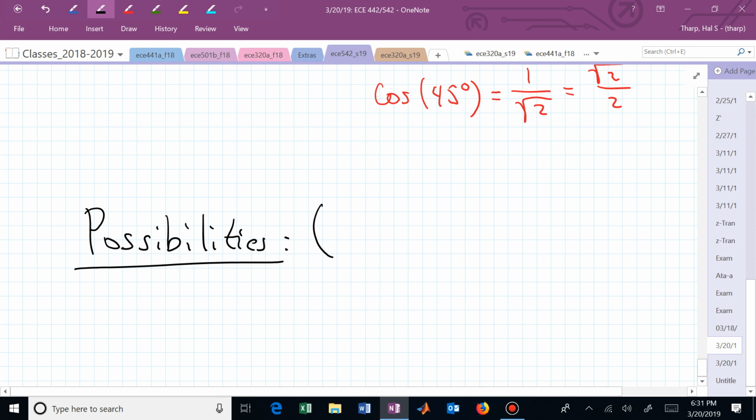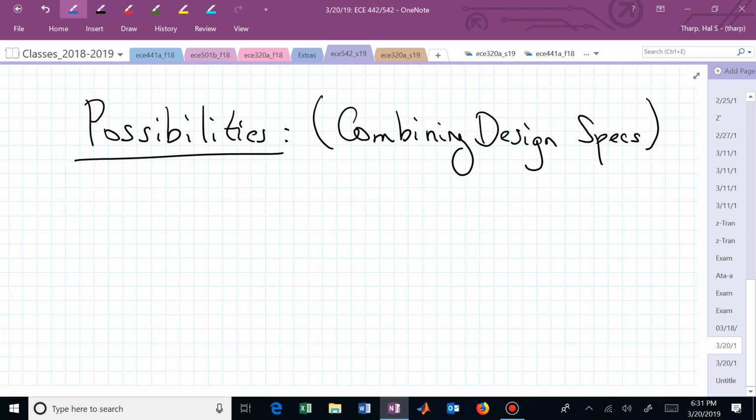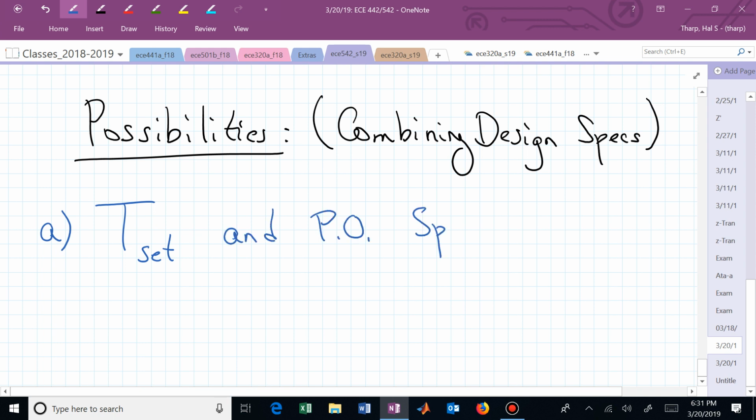Suppose we combine those. Combining design specs. Suppose we have a possibility. We have T-settle and percent overshoot specified.